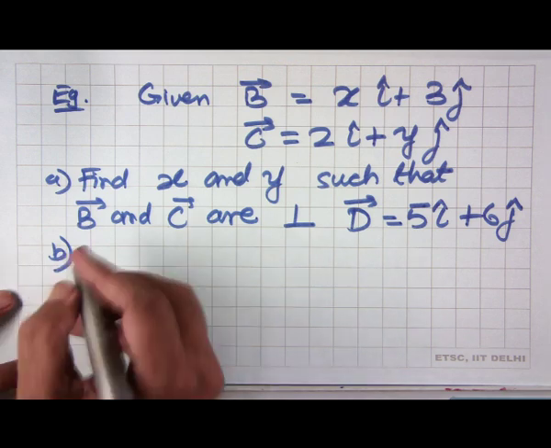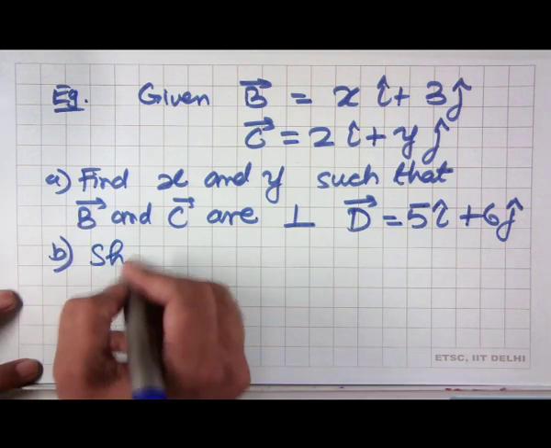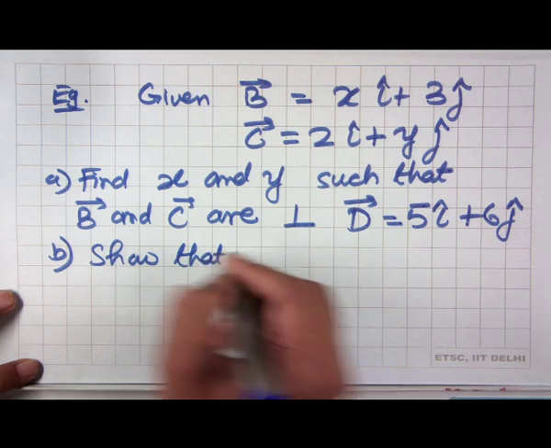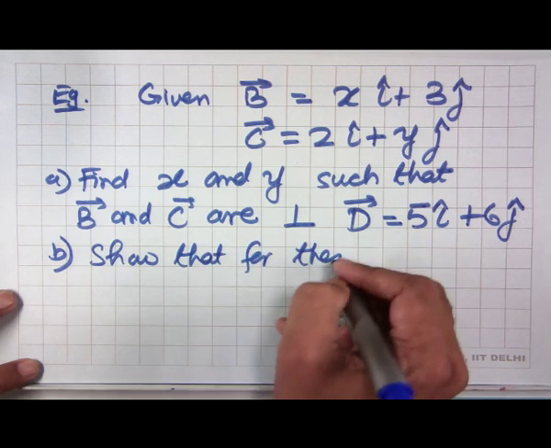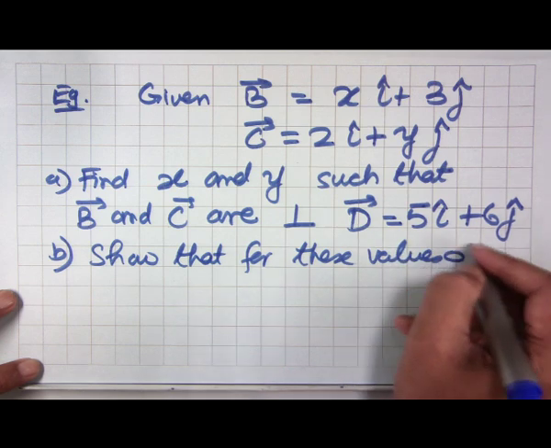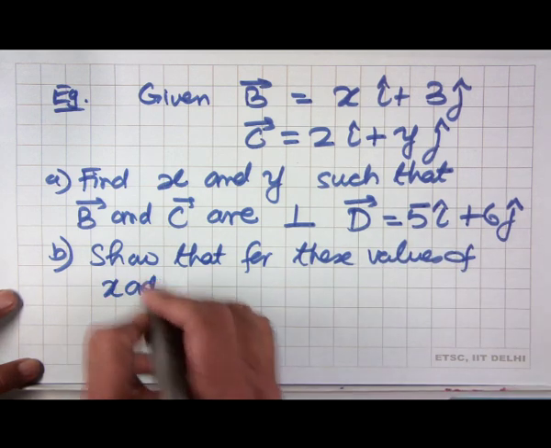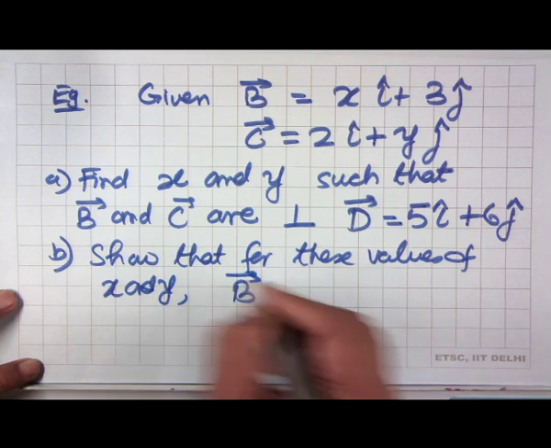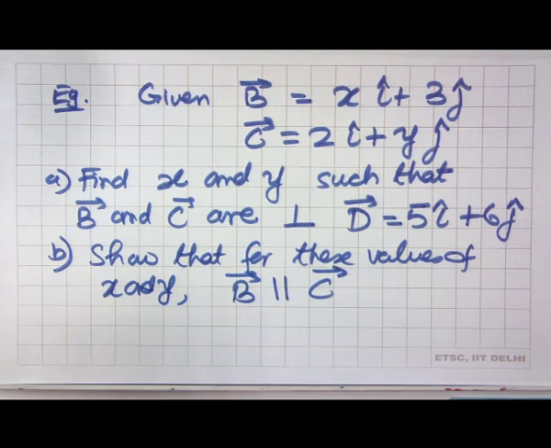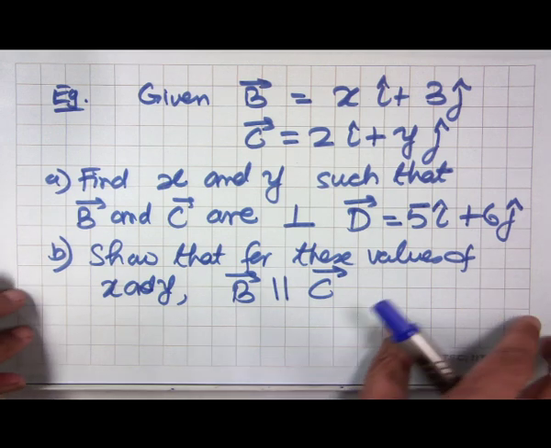The second part says: show that for these values of x and y, vector B is parallel to vector C.